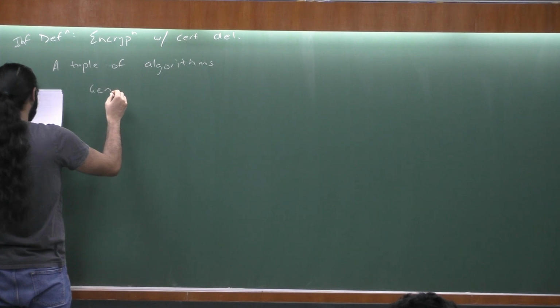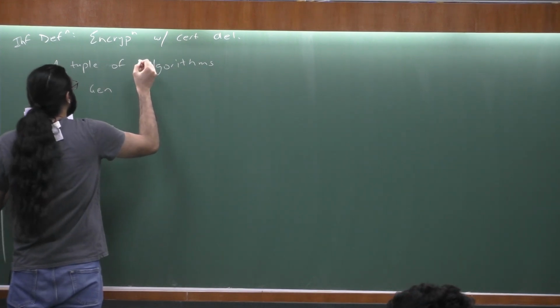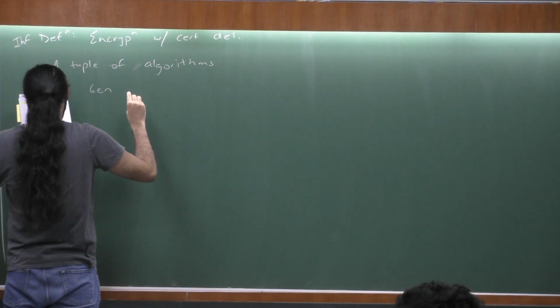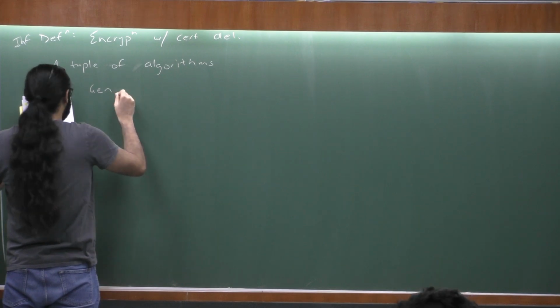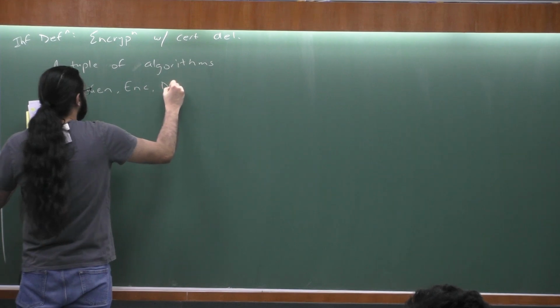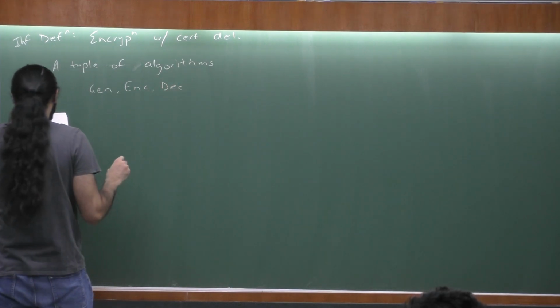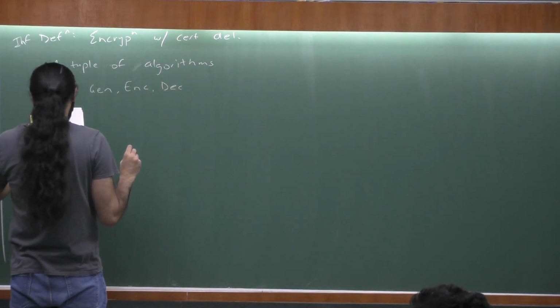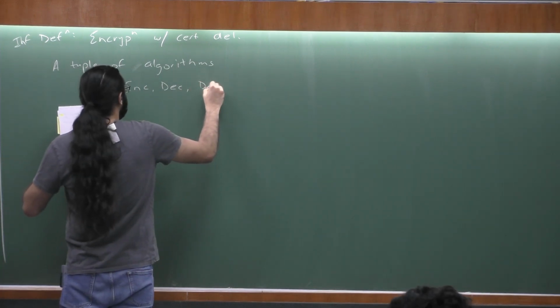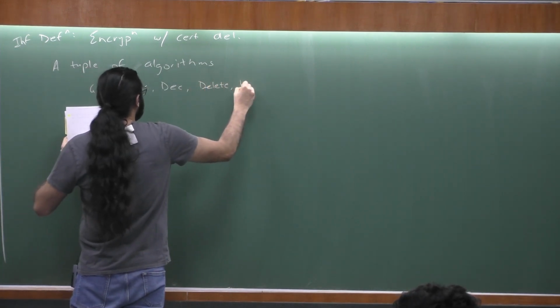We'll take all of these to be QPT algorithms or PPT algorithms. I guess all of them will be QPT except one. Oh, I'm sorry, I meant it the other way. All of them would be PPT except one. So there's Gen, encrypt, decrypt, delete, and verify.